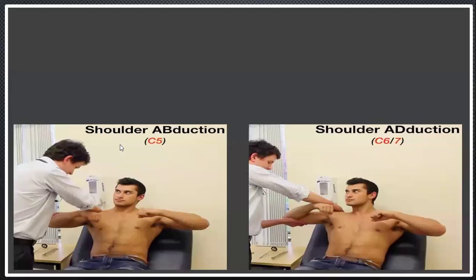Now I will check the power. You said active movement. Is this active movement? No. Active movement means you will not touch the patient. Clear? Okay, sir. There is a difference between active movement, passive movement, and power. Active movement means the patient will do the movement for himself and you will not touch him at all.